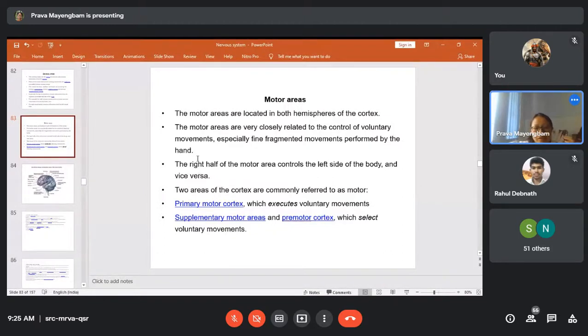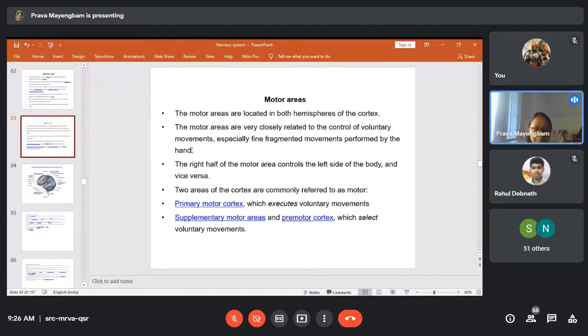So fine fragmented movements means when you're about to touch an object, you have to decide how much you have to move. And when you have to hold an object, you have to move your hand as well as your fingers.